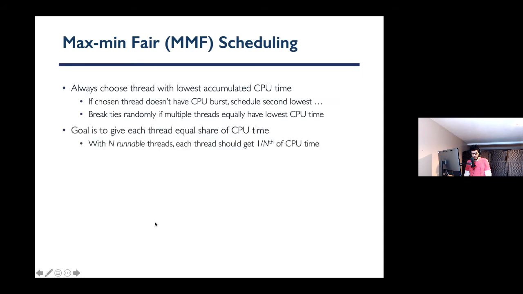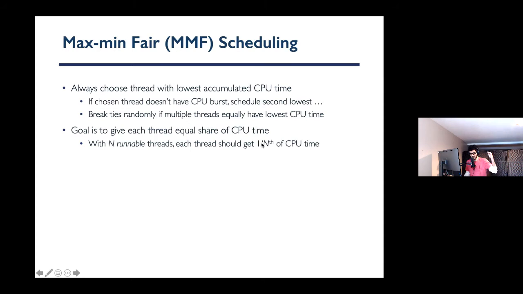The same here. Now, if you do that, you can see that if you have n runnable threads in your system, each one of them gets 1/n of CPU time. Because every time you give CPU to one of them, you will find that the other ones now have less time.